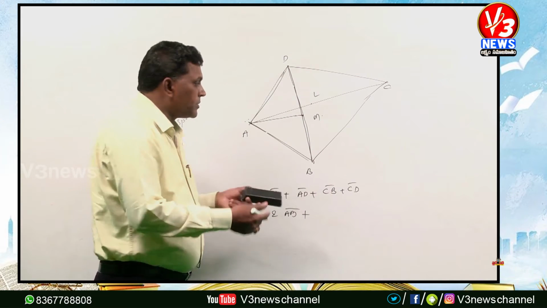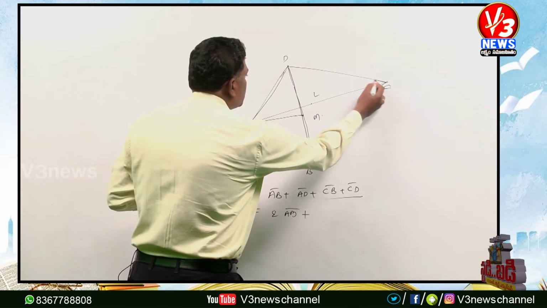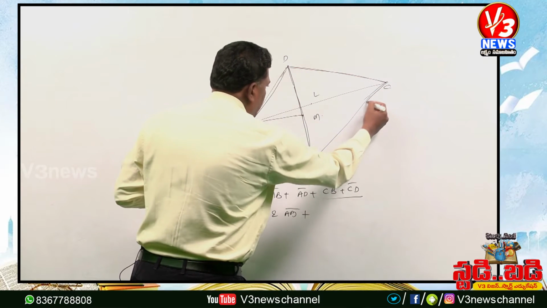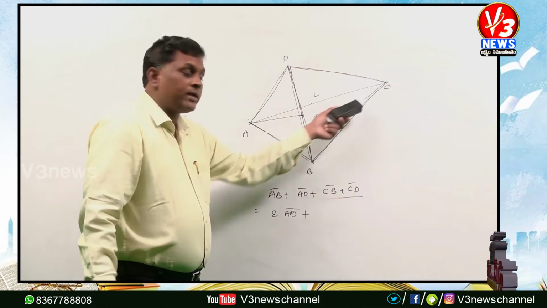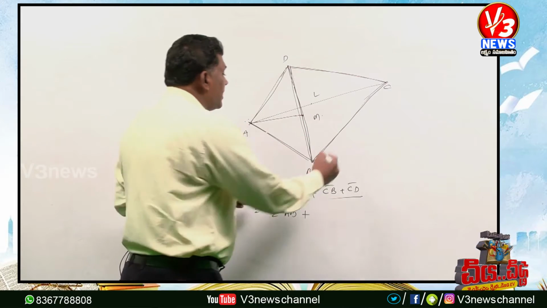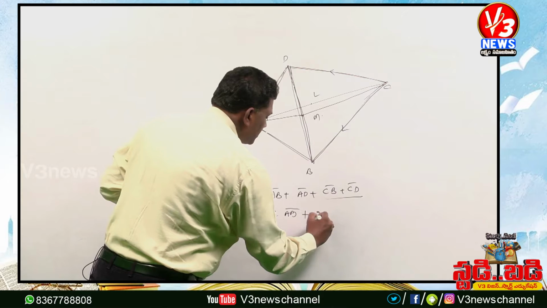Just now I told you this property. Now coming to CB bar plus CD bar, for this I am using triangle CBD. In this triangle CBD, again CB bar plus CD bar equals twice CM bar.